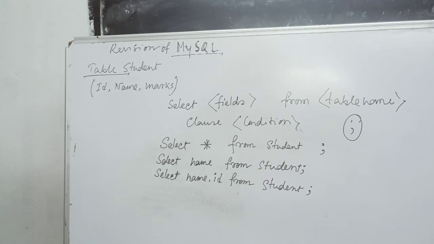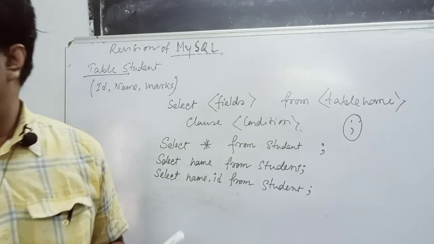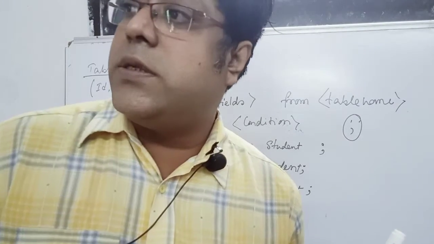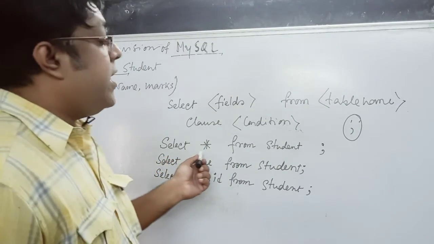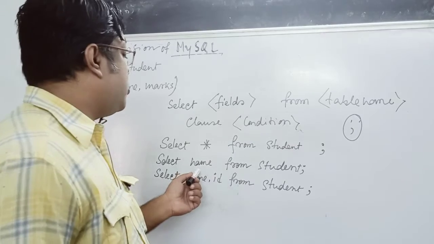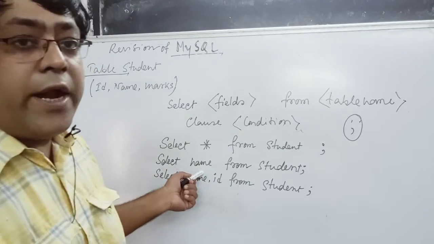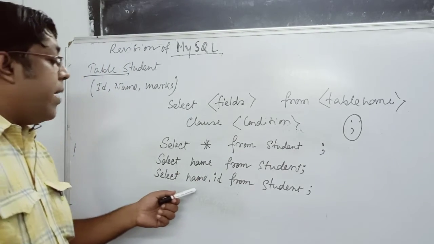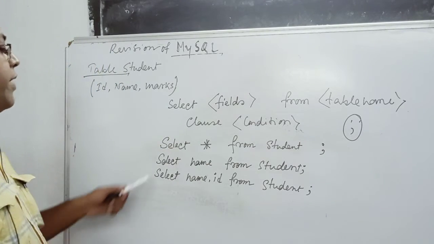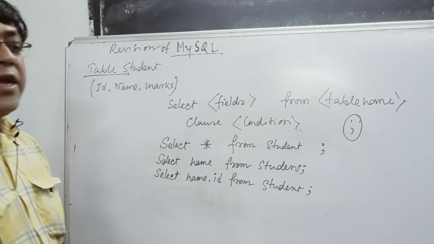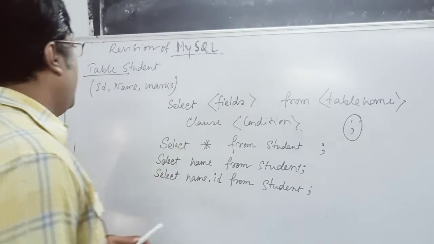By using these three different commands, we observe the first one shows all records, the next shows a particular attribute, and then we see two attributes from a particular table. In this way we use the SELECT statement or SELECT query.